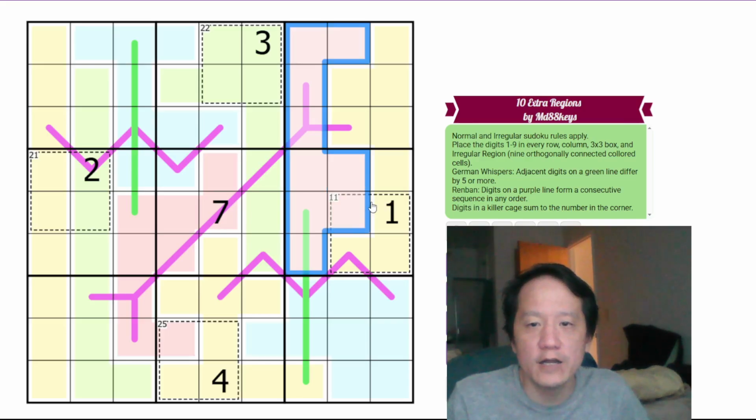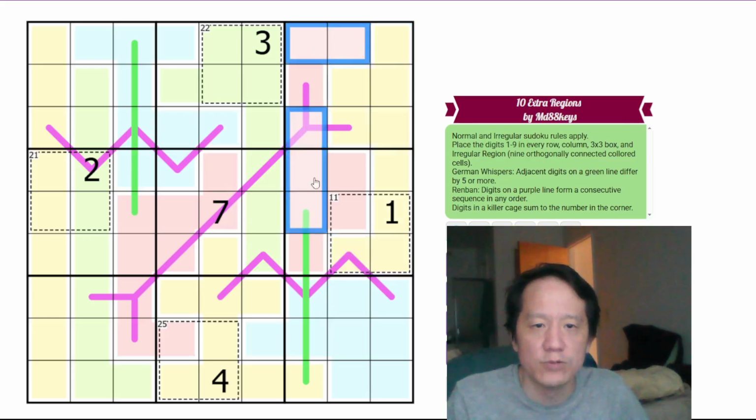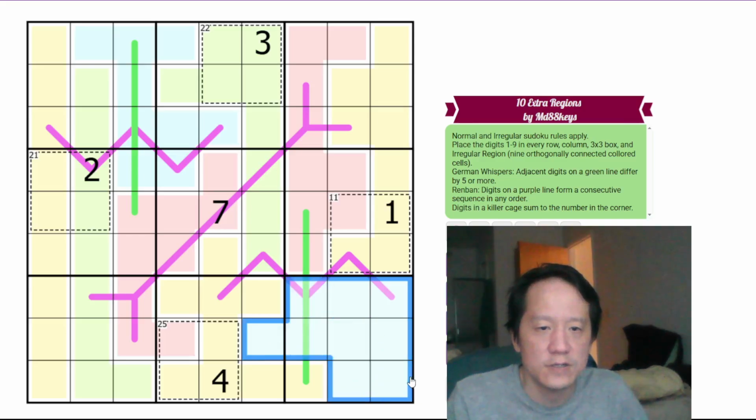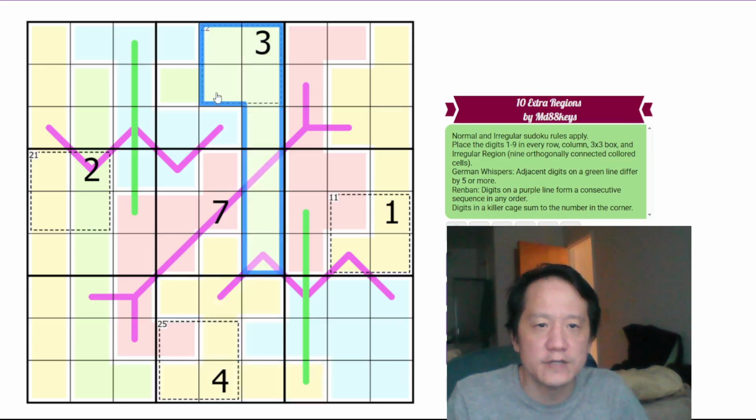There are 9 orthogonally connected colored cells. So this is an irregular region. This is an irregular region here. Same with this one. This is another irregular region here. And etc., etc.